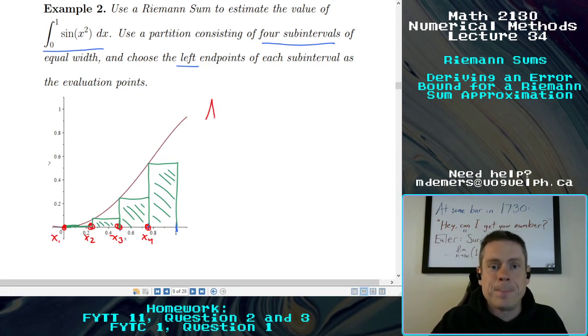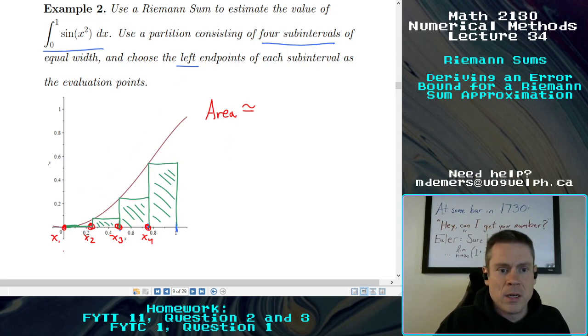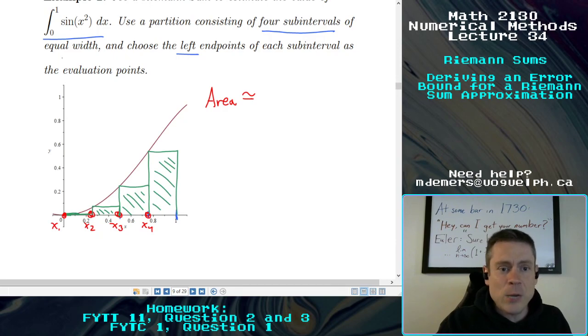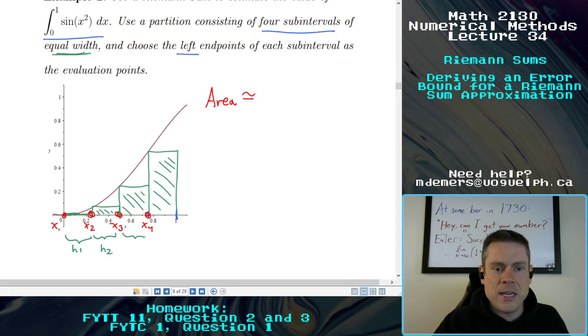So the area is approximately equal to, let's see here. Oh, we need our h values. Our h values are all equal width, so no problems there. h1, h2, h3, and h4 are all the same.